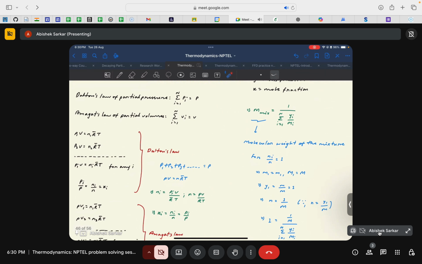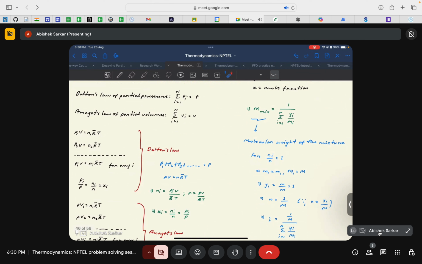So let's look into how these properties are related to the terms that I have already mentioned, the mole fraction and the mass fraction. You will see that there is an explicit relationship between the partial pressure and the mole fraction. Let us start with our ideal gas law.